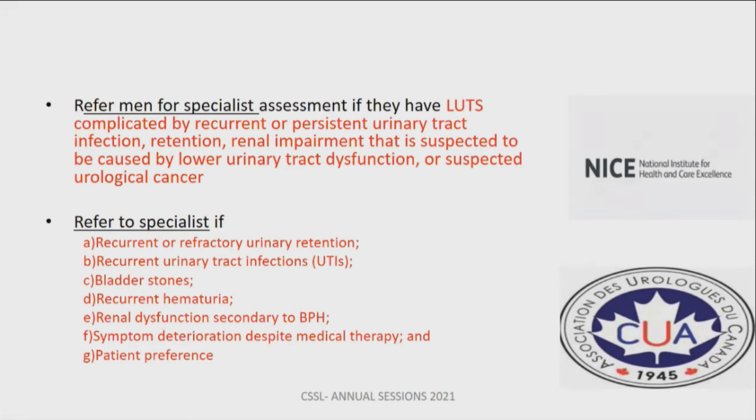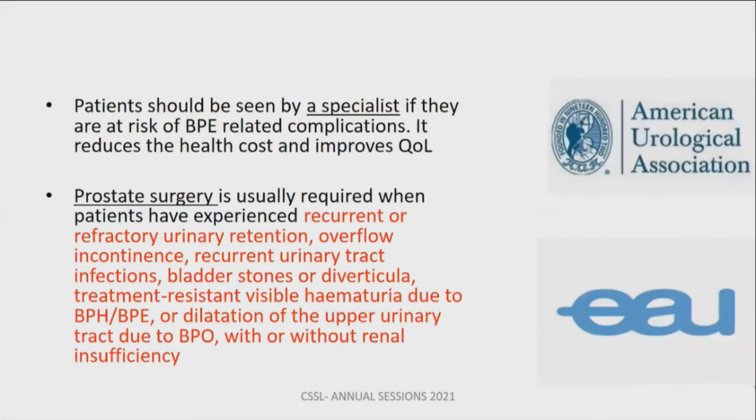NICE and the Canadian Urological Association say patients should be referred to a specialist if they have complications of benign prostate obstruction. Furthermore, the AUA and European Association of Urology repeat the same. Specialists should see the patient when the patient has complications of benign prostate obstruction.